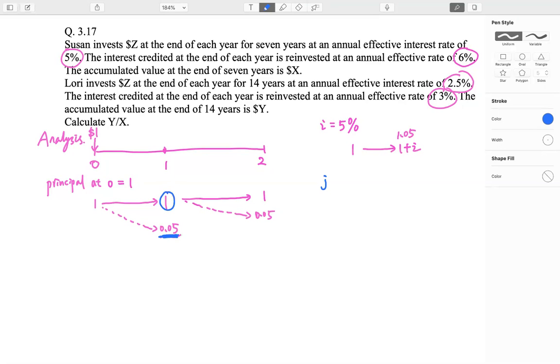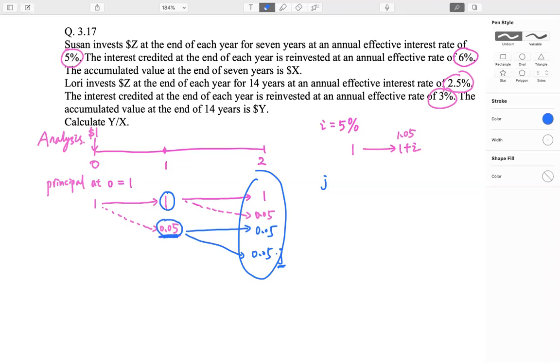The second sub-account only has 5 cents, which is the interest you have earned over the first year. Because the interest only grows at interest rate j, the 5 cents is the principal of the second account. Then it will accumulate interest itself, but at a different rate. Now this is everything we have at time 2.